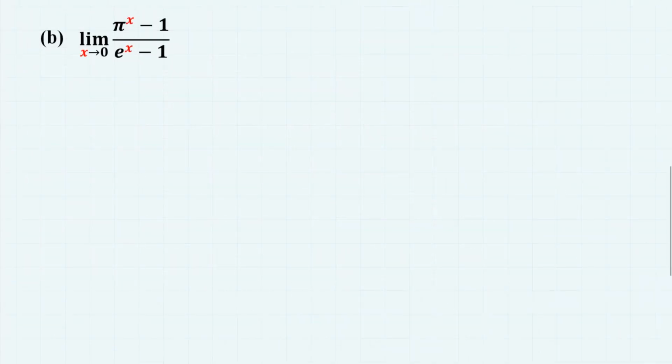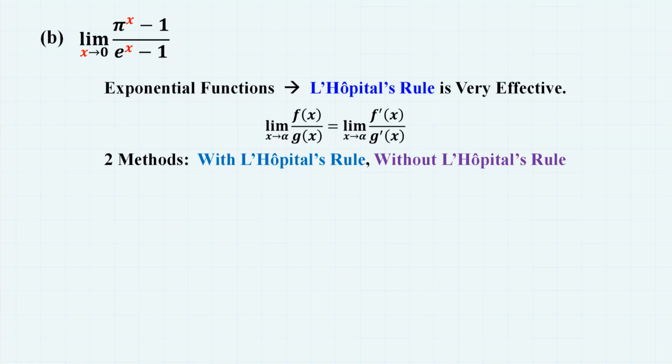Next, the second one. And as for the second and third limits, I have to declare something first. For limits involving exponential functions, using the famous L'Hopital's rule is especially effective, mainly owing to the fact that the derivative of the exponential function is also the simple exponential function, which is usually quite easy to handle.